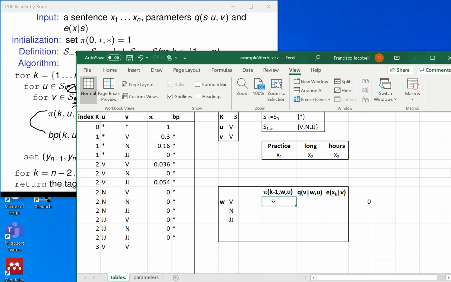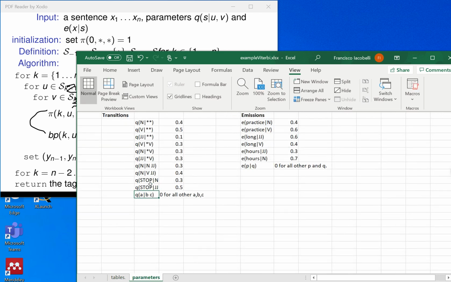So pi of 2 V, pi of 2 VV, 0.036. What is Q of V, because that's the letter V, W, which is V, and U, which is V. So Q of V given VV.